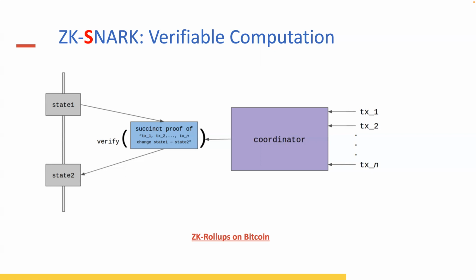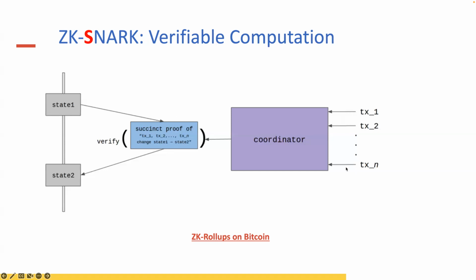Yes, exactly. So I'll show one example here. The idea is as the name suggests: you have a bunch of transactions. For Ethereum or even for a Bitcoin smart contract, if you have any kind of contract that has state, let's say you have 1,000 transactions here.